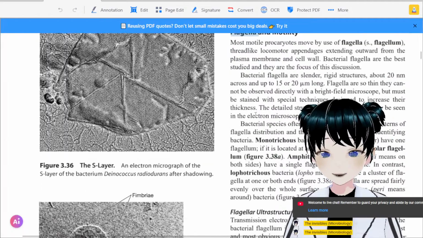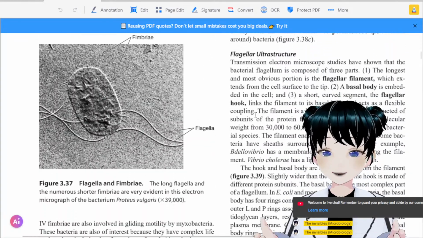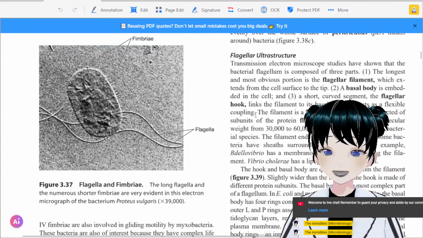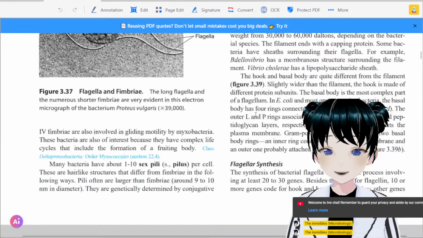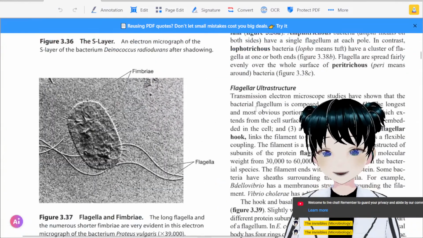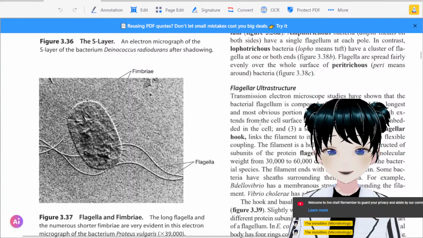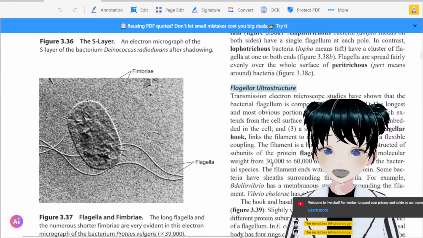Now we are going to study what the flagella are, what their types are, how many there are, what their size is, their structure, and their ultrastructure, meaning the extremely microscopic details.